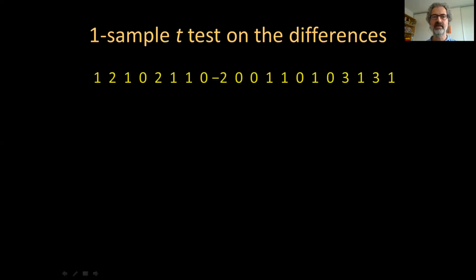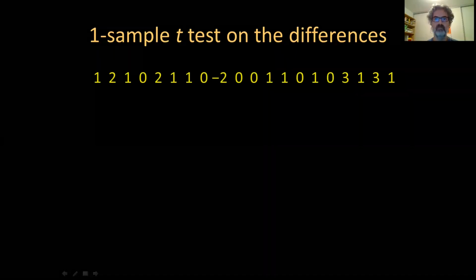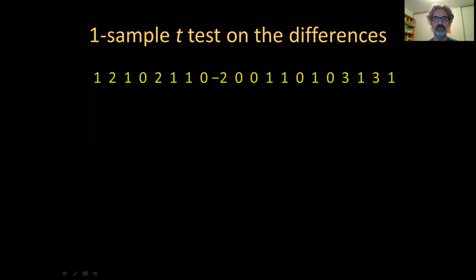This is what the paired samples t-test is. The null hypothesis for this test is that the mean difference is equal to 0. So the reference value for this one sample t-test is 0. We are comparing the difference scores against the reference value of 0. So we are testing the hypothesis that there is a non-zero average difference.